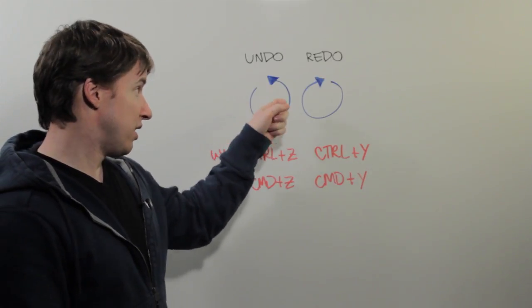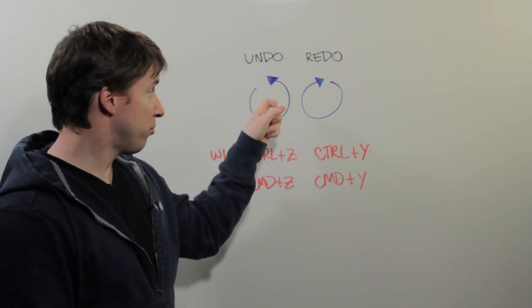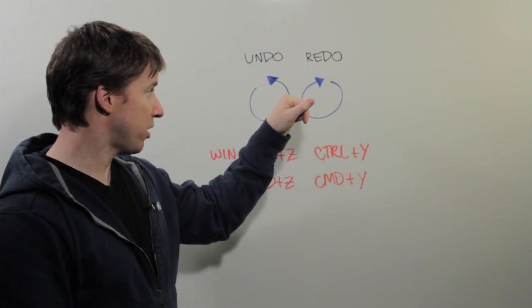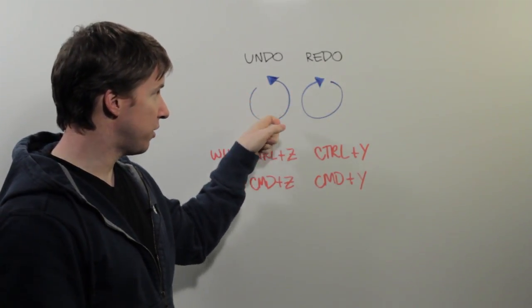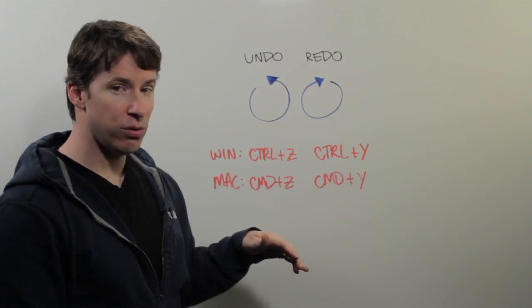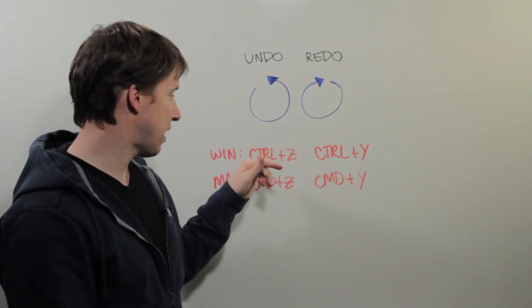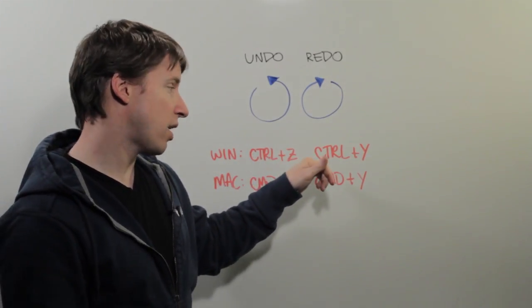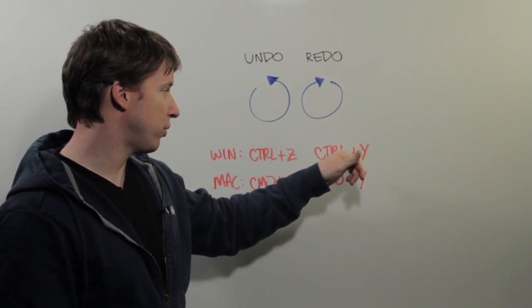But you'll see little buttons in the budget and the register, both at the top left area in your accounts or in the budget. This is the undo, like turning back the clock, and this is the redo, turning the clock forward. In Windows, if you want to be smart and snappy, you can just use Control-Z to undo, just like you would in a word processor, Control-Y to redo.